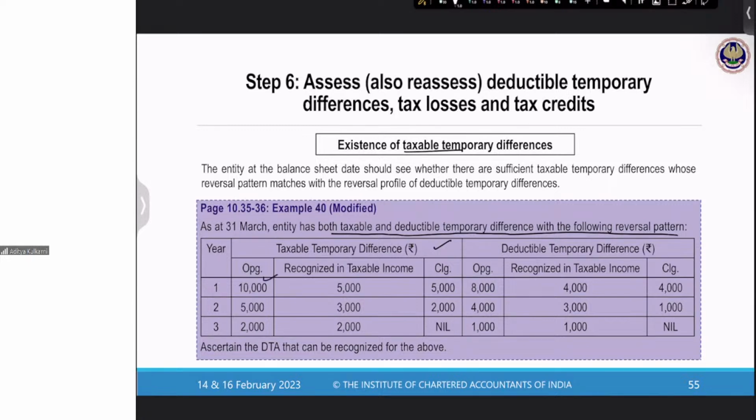Opening was 10,000. You have recognized taxable income 5,000. Closing is 5,000. Year 2, this 5,000 is opening temporary difference. 3,000 becomes income. 2,000 becomes my closing. 2,000 is opening, 2,000 closing.